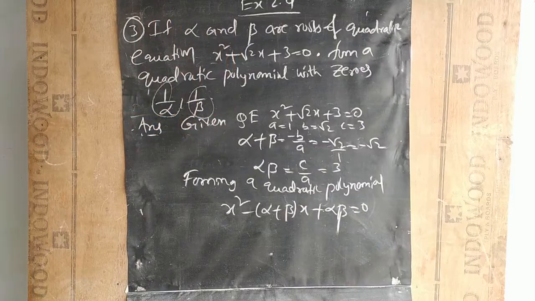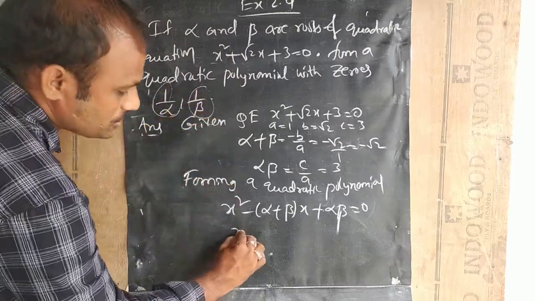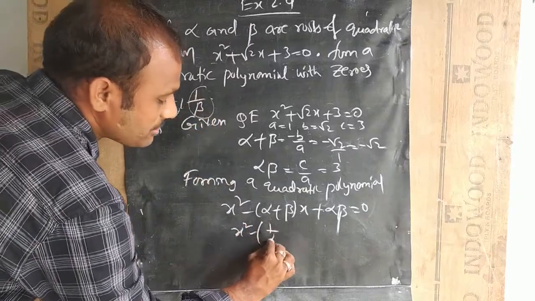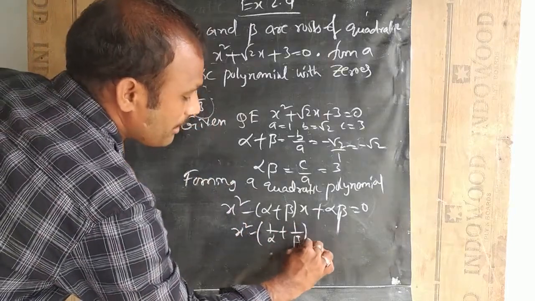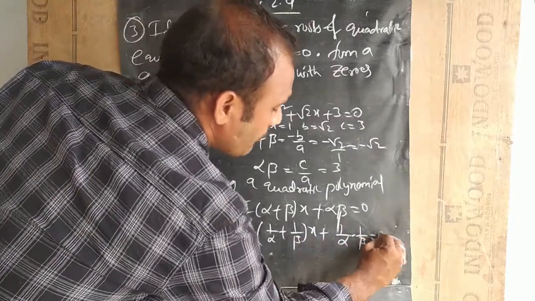So let us substitute here, I have to substitute 1 by alpha for alpha, 1 by beta for beta. So what it will become? x square minus 1 by alpha plus 1 by beta into x plus 1 by alpha into 1 by beta is equal to 0.